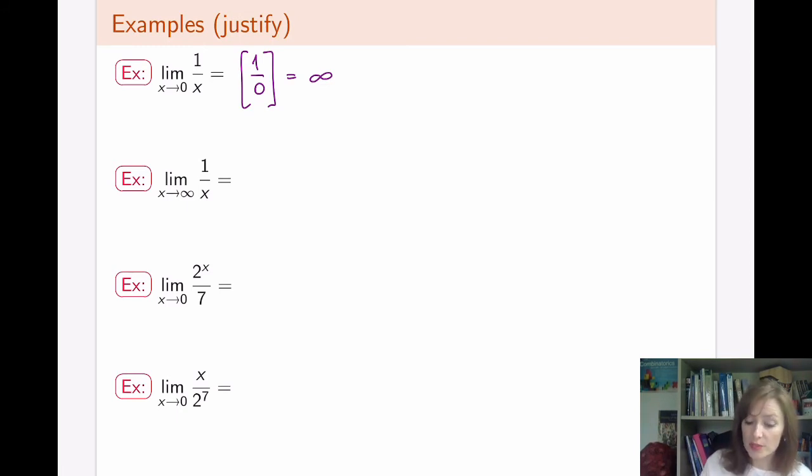Okay? On the flip side, what happens if you do the exact opposite? So what if x goes to infinity and you're wanting to compute 1 over x? So I have 1 over infinity essentially. And again, I'm going to put this into square brackets because infinity is not quite a number. It is a concept of a number that is larger than anything that you can think of.